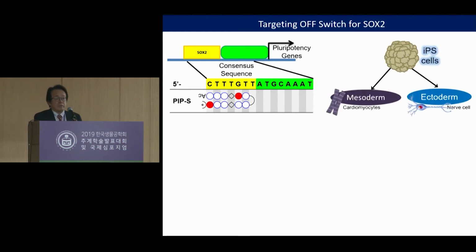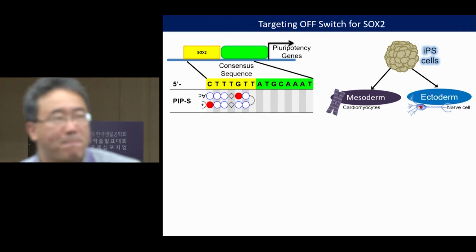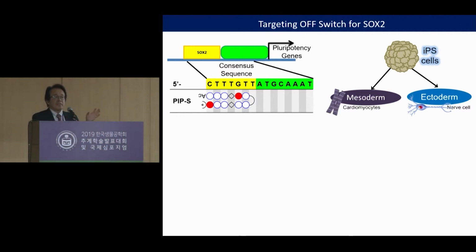As you know, the induced pluripotent stem cell developed by Professor Yamanaka can differentiate into many kinds of cells. But they usually are very unstable, easy to differentiate into mesoderm and ectoderm and so on. For example, SOX2 actually prevents the differentiation into mesoderm.